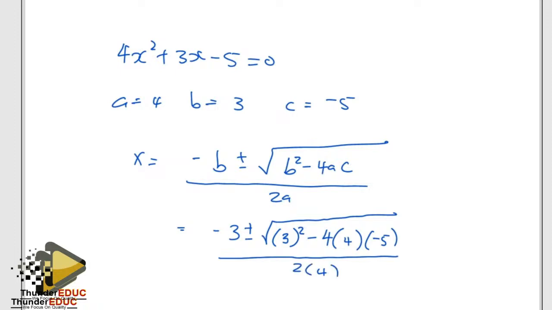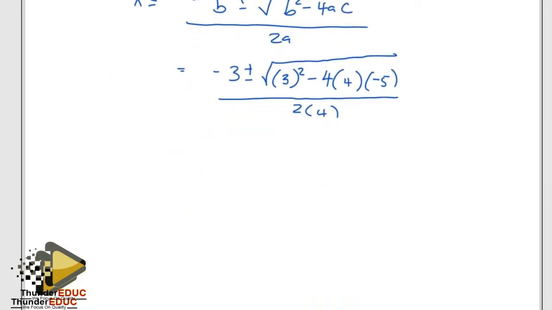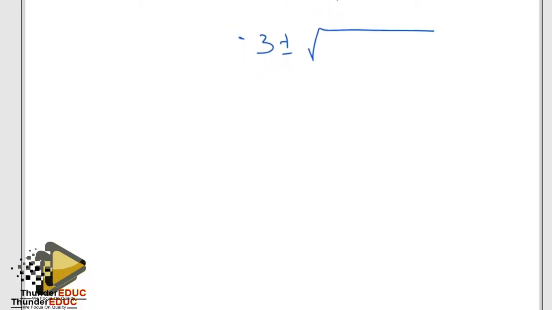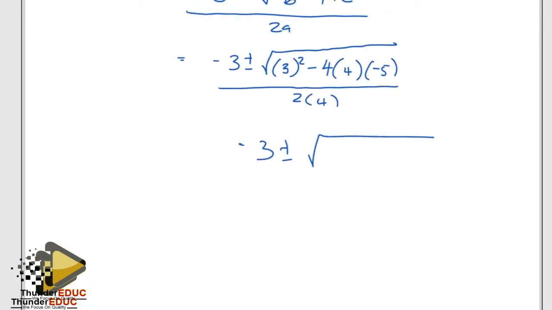You can go on and simplify that further. When I look at the root sign, 3 squared is 9, and then 4 times 4 is 16, times 5 is 80. So in other words, I'm adding 80, so I'm going to have root 89 over 8.